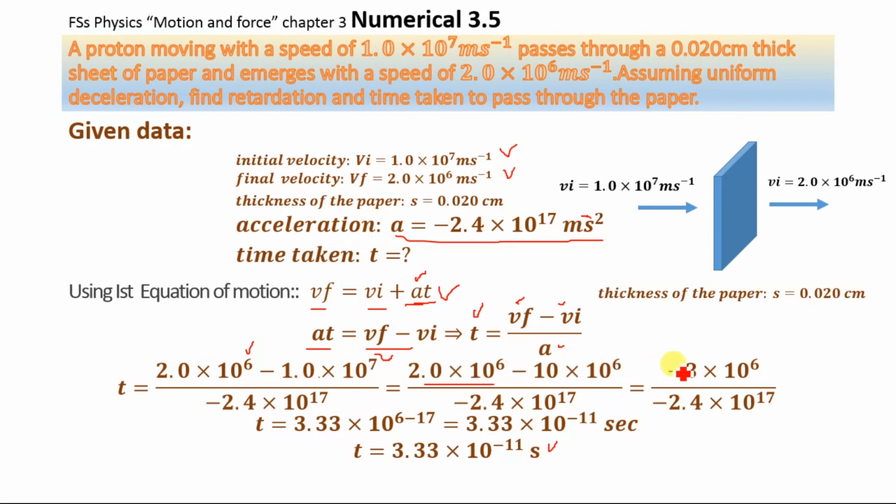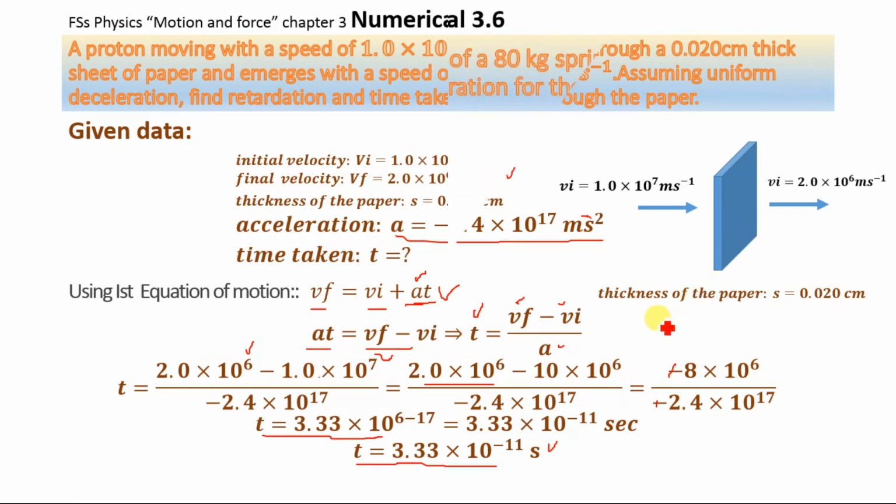Now subtracting this, we will have minus 8 multiplied by 10 power 6 divided by minus 2.4 times 10 power 17. This minus will cancel out with this minus, and we will get the value of time t equal to 3.33 times 10 power minus 11 second. So this is the time taken by the proton to pass through this thick sheet of paper.